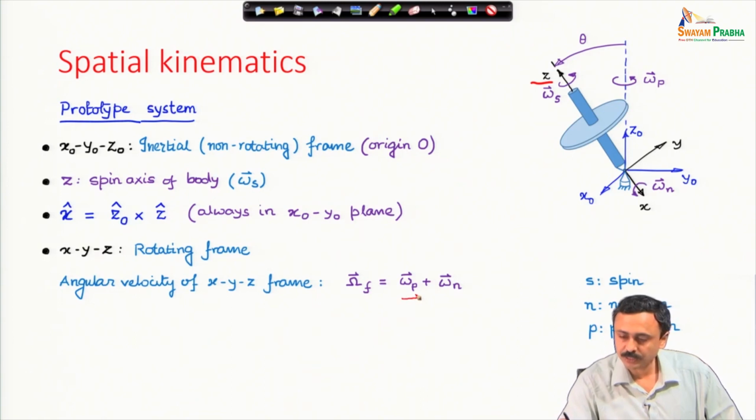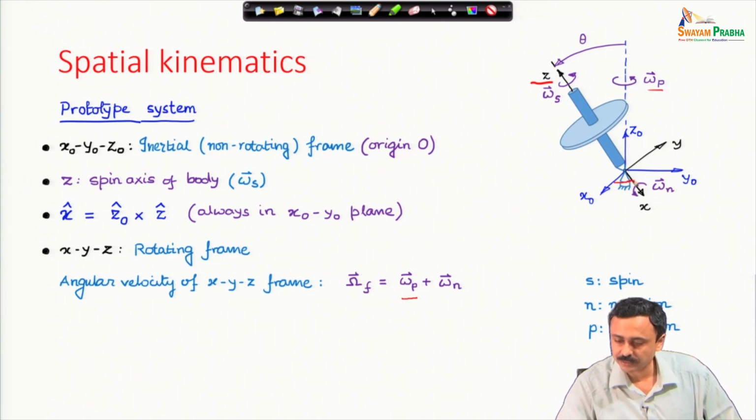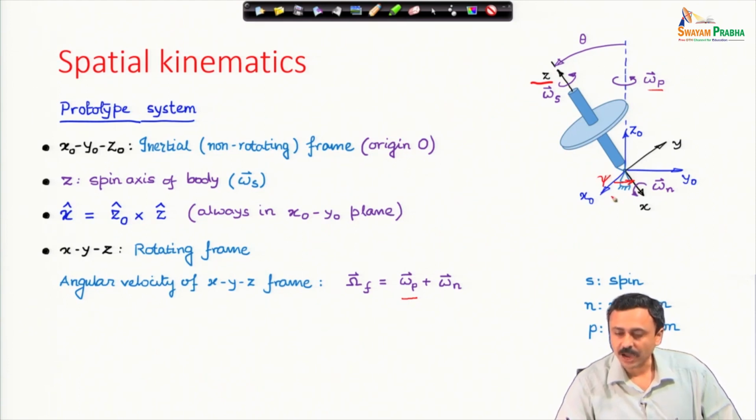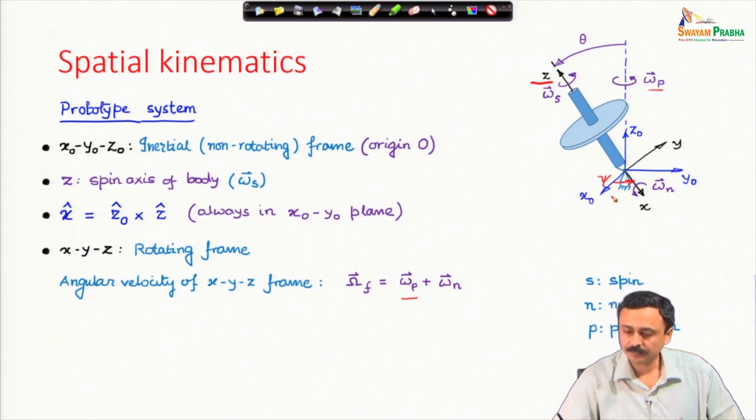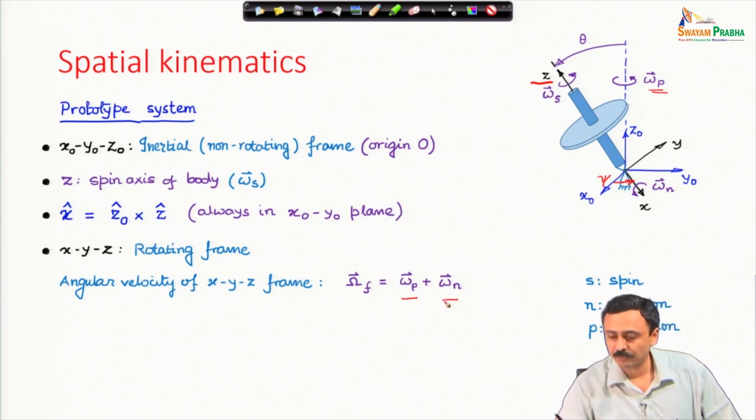The precessional motion rotates the x y z axis. Therefore, if I call this angle psi, then psi dot is the magnitude of omega p vector. The other is the nutational angular velocity about the x axis.